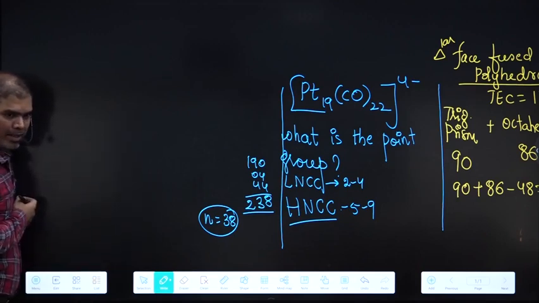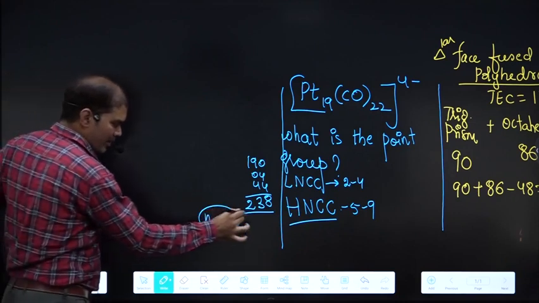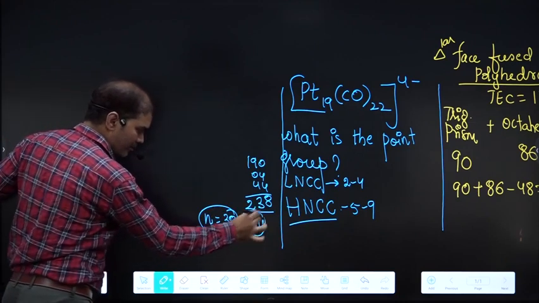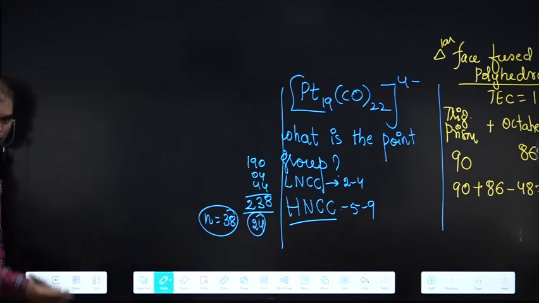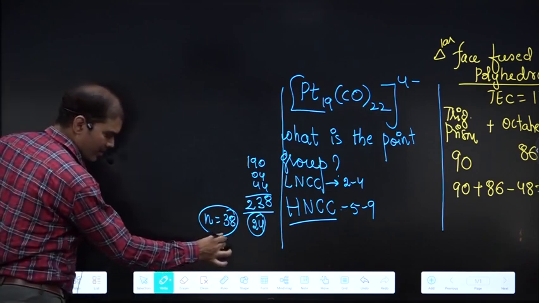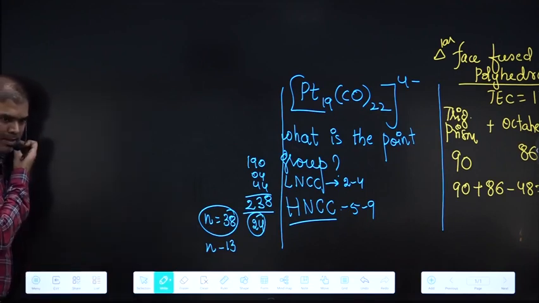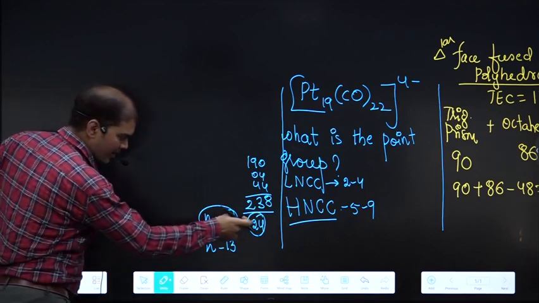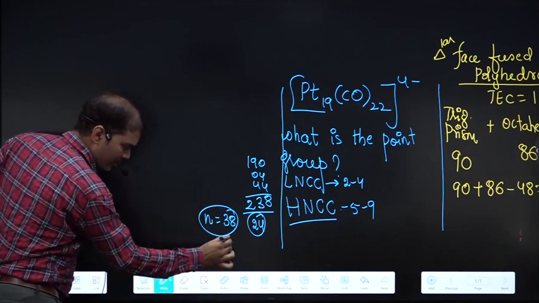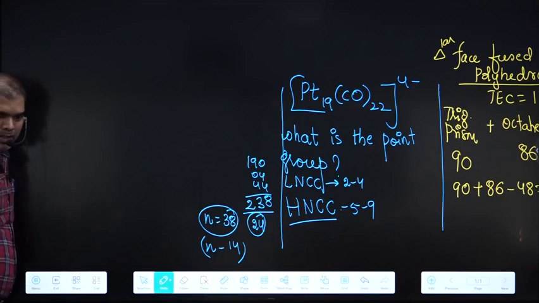But how many ligand pairs are there? 22 plus 2, 24. How many less? 14 or less. It is exactly N minus 14. So how much capped should it be? If it is N, monocapped.